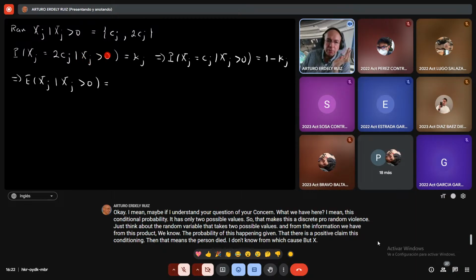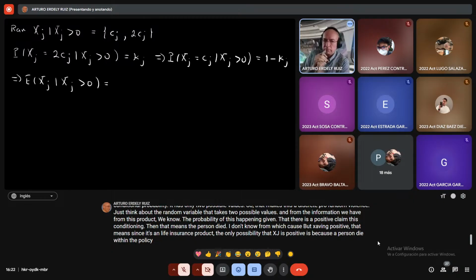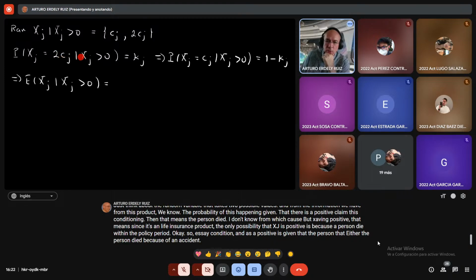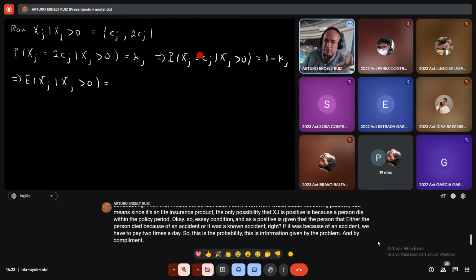But since it's a life insurance product, the only possibility that XJ is positive is because the person died within the policy period. So XJ conditioning on XJ positive is given that the person died, either because of an accident or a non-accident. If it was because of an accident, we have to pay 2 times CJ. So this is the probability. This is information given by the problem. And by complement, the probability of the other possible value has to be 1 minus kappa j.